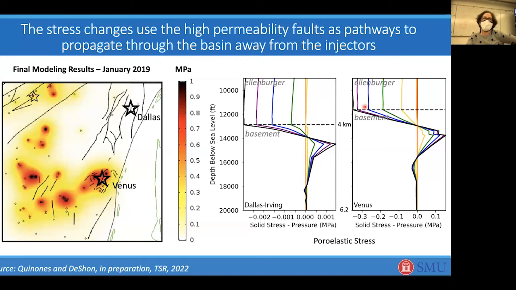Right, it does it everywhere. Yeah. So you're injecting down in the Venus area, but somehow in response to that, pressure drops elsewhere. Yeah, and the x-axis is different. The area is much smaller there, so far from the injectors.